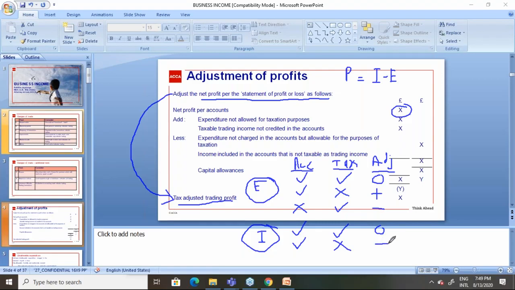For example, rent income, interest income, dividend income, profit on disposal of assets are added when calculating the accounting profit. But when calculating the tax adjusted trading profit, profit on disposal of an asset is definitely not a taxable profit because profit on disposal is calculated using accounting principles.